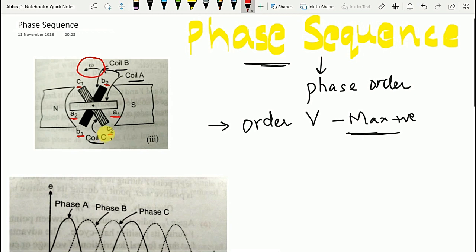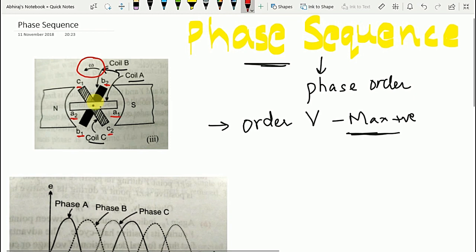Since the three coils are identical and have the same angular velocity omega, the EMFs induced in them will be of the same magnitude and frequency, according to Faraday's law. However, the three EMFs induced in coil A, coil B and coil C will be displaced from one another by 120 degrees.